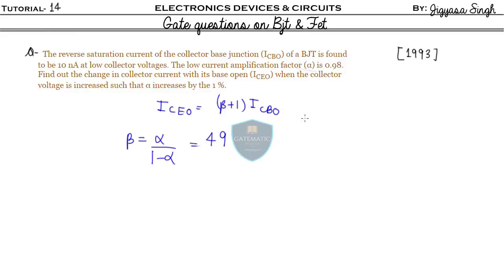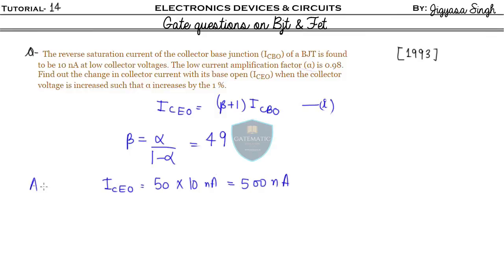Now I am putting it in equation 1. My ICEO is equal to 49 plus 1, which is 50, into 10 nanoamperes. This is equal to 500 nanoamperes. Till now it is clear.